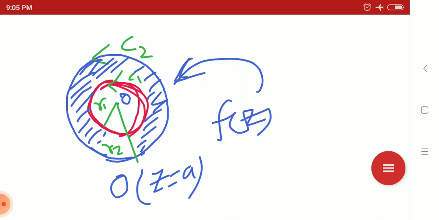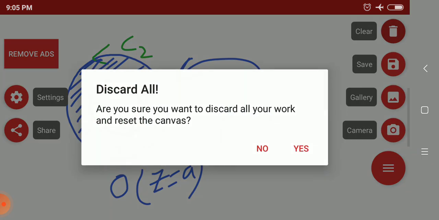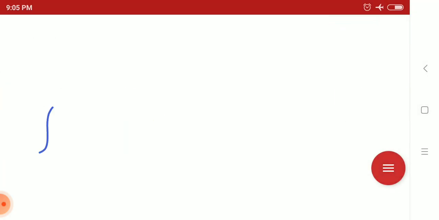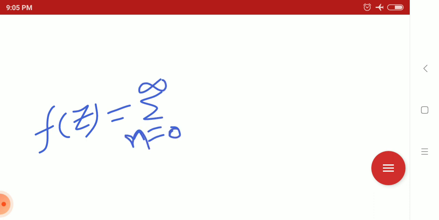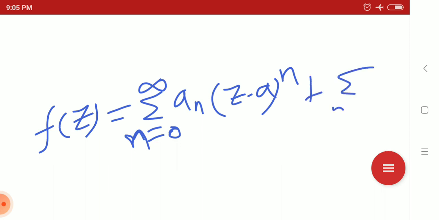Then f(z) can be expanded in such a way that f(z) equals summation over n equals 0 to infinity a_n (z minus a) to the power n, plus summation over n equals 1 to infinity b_n by (z minus a) to the power n.